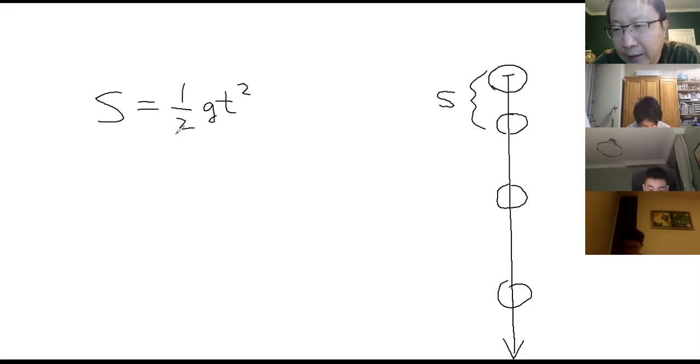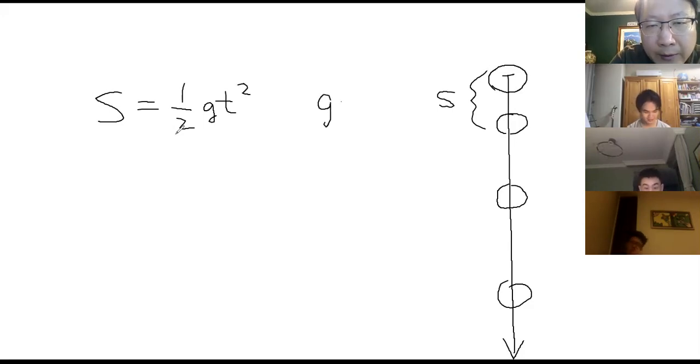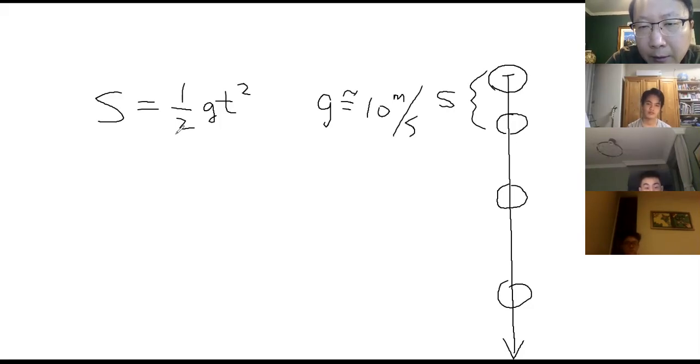It's going faster, and within the same 1 second, for example, it travels a longer distance because the speed is higher. So g is basically the acceleration on Earth's surface due to the gravitation between any object and the Earth. So g, let's just use an approximate number, is 10 meters per second squared.